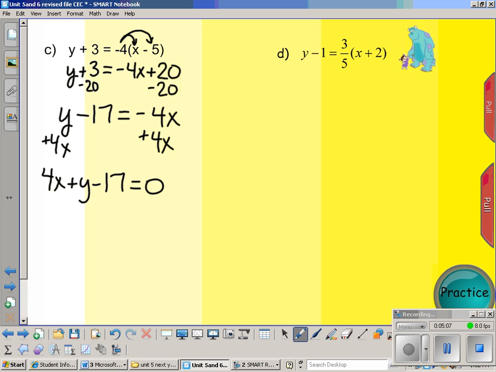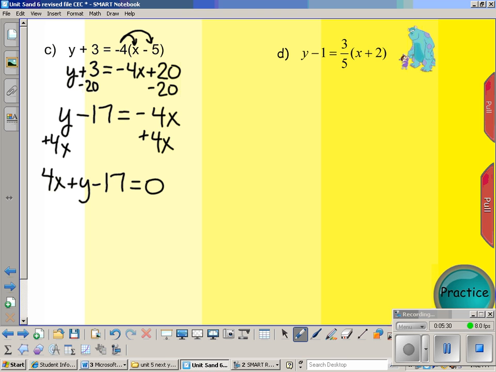Let's look at this last example here. Again, we have a fraction. So let's deal with that fraction right off the bat and get rid of it. The catch in this one is that when we multiply by every term, we need to understand that the entire right-hand side counts as one term because that 3/5 is being multiplied to the bracket.